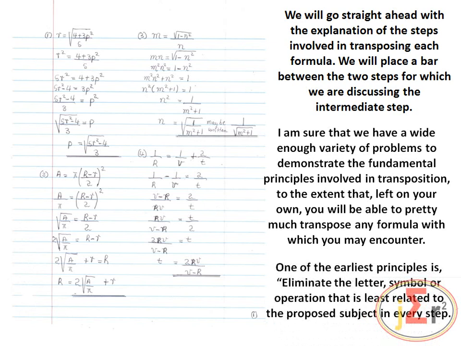One of the earliest principles is: eliminate the letter, symbol, or operation that is least related to the proposed subject in every step, and we will not only demonstrate but continue to explain that throughout these tutorials. Eliminate the one that is least related to the proposed subject first.